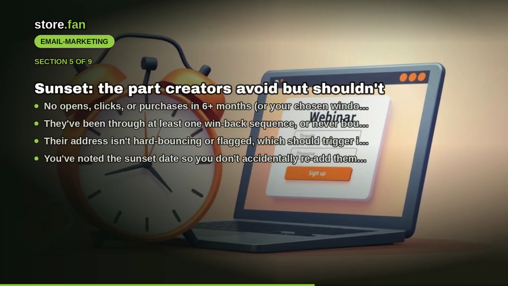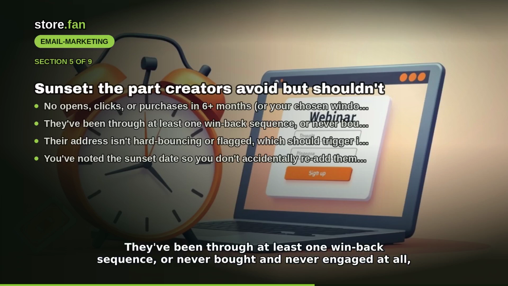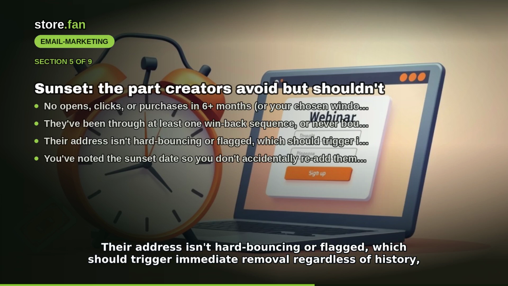No opens, clicks, or purchases in 6+ months, or your chosen window. They've been through at least one win-back sequence, or never bought and never engaged at all. Their address isn't hard bouncing or flagged, which should trigger immediate removal regardless of history.